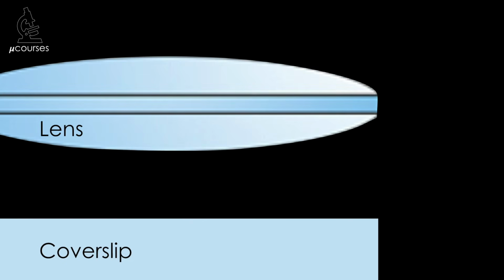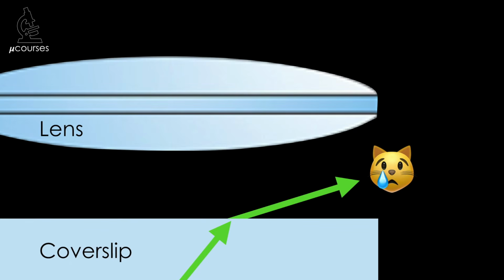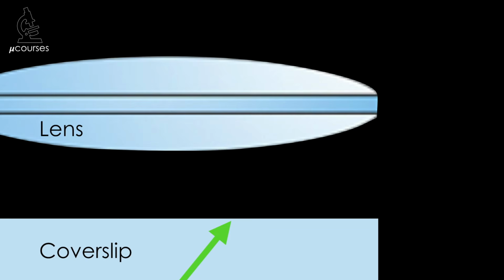Light traveling at an angle through the cover slip, when it hits the interface between that cover slip and the media that resides between the lens and the cover slip, if the refractive index is different, you're going to get refraction. That refraction can limit the angle of light that the lens can collect. Because immersion oil has a similar refractive index to the cover slip, refraction is minimized. This allows you to collect those higher angles of light coming from your sample.